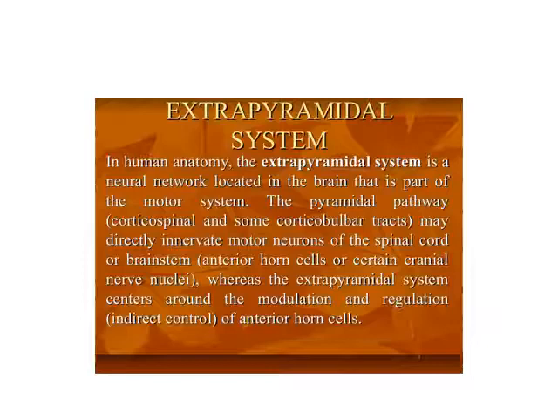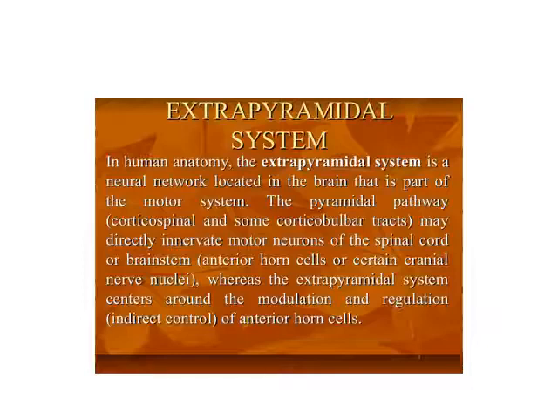The motor system is formed of the pyramidal pathway, which is the corticospinal and some corticobulbar tracts, that may directly innervate the motor neurons of the spinal cord or brainstem. Whereas the extrapyramidal system centers around modulation and regulation, the indirect control of anterior horn cells.